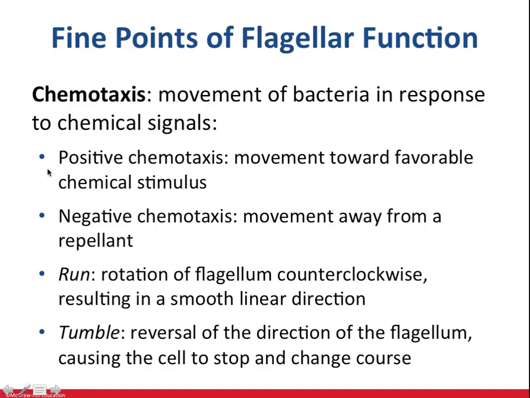Actually there are two kinds of chemotaxis. One is positive chemotaxis, where the bacteria move from a low concentration nutrient gradient area to a high concentration nutrient gradient area.